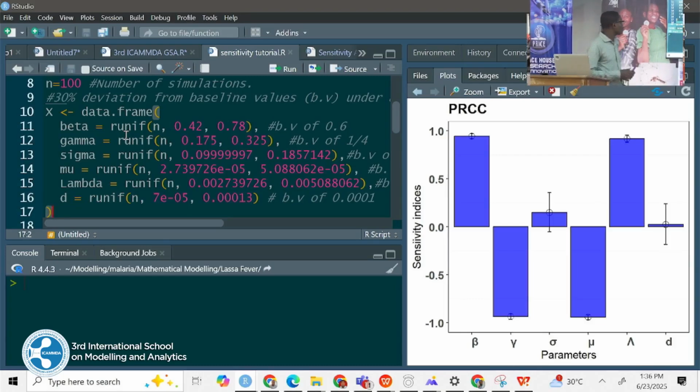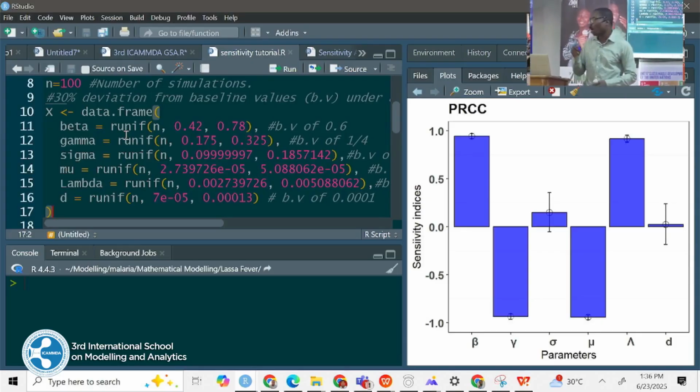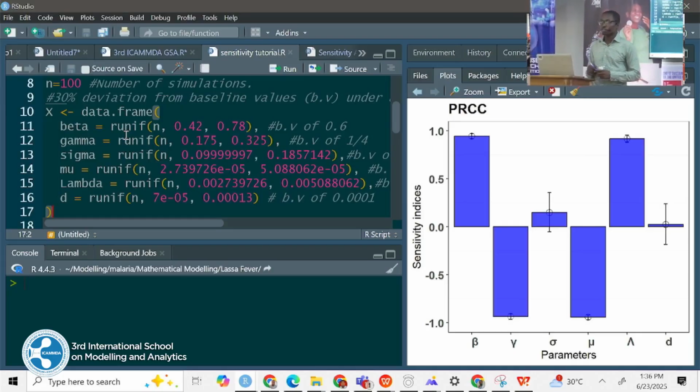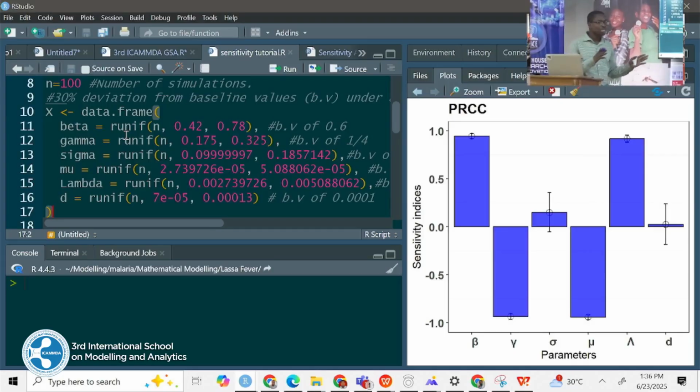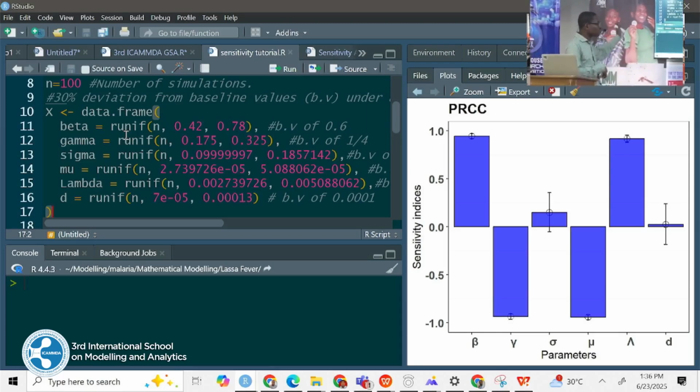Say for instance for beta now, the baseline value, BV, you can see BV on line 11, and we see BV of 0.6 on line 11. So that BV is the baseline value for our transmission rate, 0.6. So we now did a 30% deviation from the baseline value, 30% deviation on the left and then on the right.